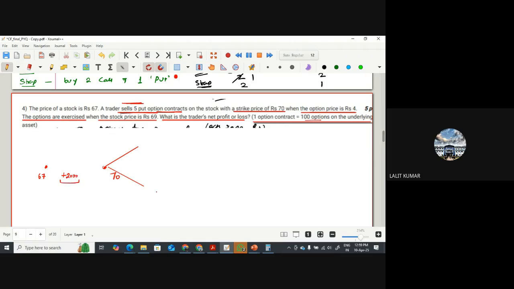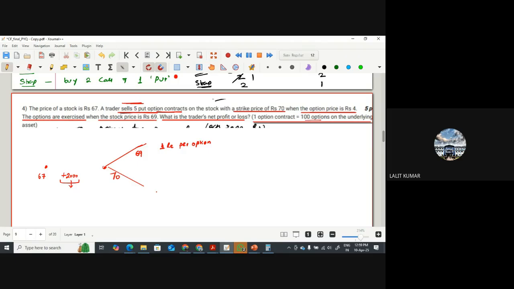Is this okay? Calculation of this 2000? Okay. And now the stock price has reached 69. The options are exercised. So how much does he have to pay now? Only 1 rupee per option.